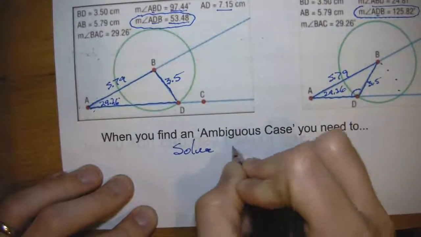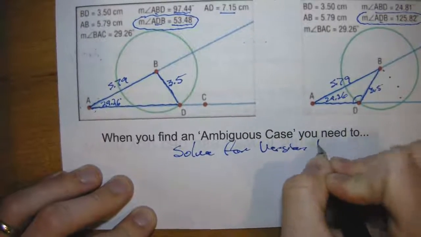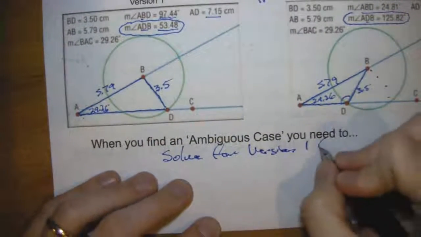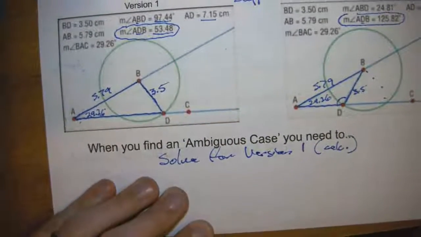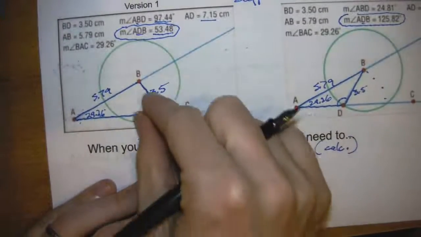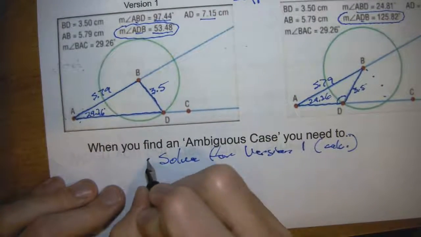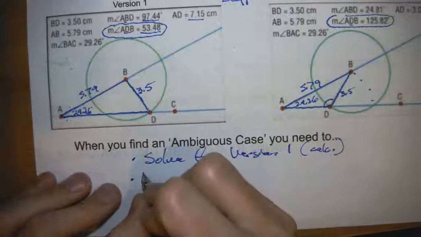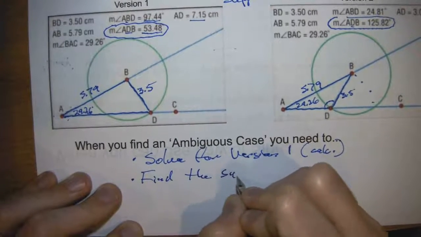So in other words, if you find an ambiguous case, you need to solve for version 1, and your calculator will automatically solve for version 1. It'll assume that that is an acute angle. Once you're done with that, find the supplement.